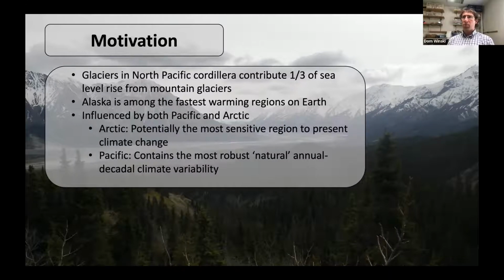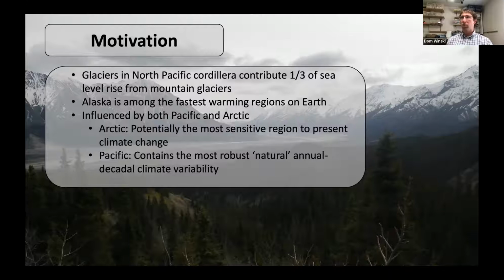For my part, I'm really interested in the interaction between natural variability in the climate, something like the El Nino Southern Oscillation, with the progressive anthropogenic warming. And this is a really critical spot to look at that because you're right on the border between the Arctic, which is experiencing this runaway acceleration of warming related to greenhouse emissions and their associated feedbacks, but also next to it is the Pacific, which retains some of the most robust natural climate variability anywhere on the planet.